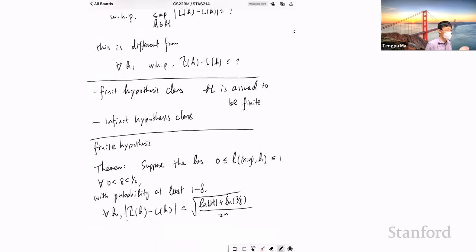Recall that the reason we care about this kind of uniform convergence is that it's useful for bounding the excess risk. We have shown that if you have this kind of uniform convergence, then your excess risk is bounded.